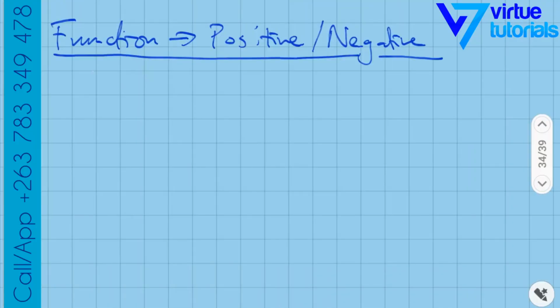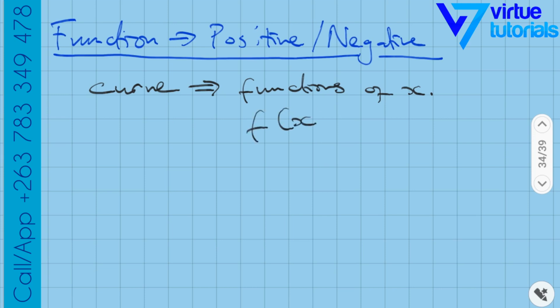Okay, so we agreed that the curves that we are drawing actually represent particular functions of x, right? And the notation in mathematics is f of x. So the curve represents a particular function of x.